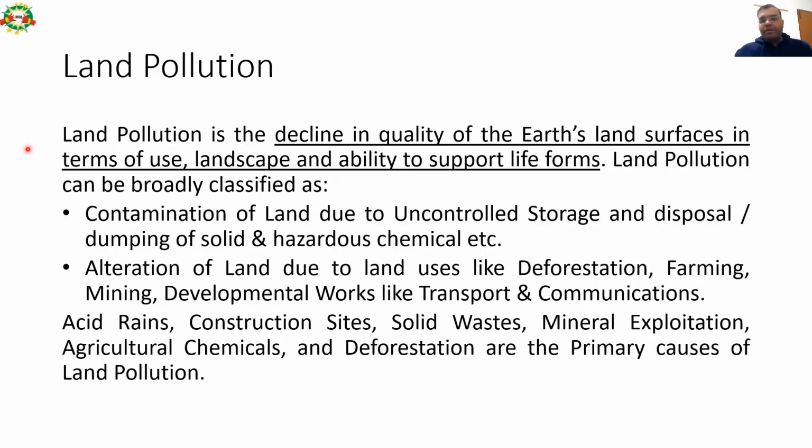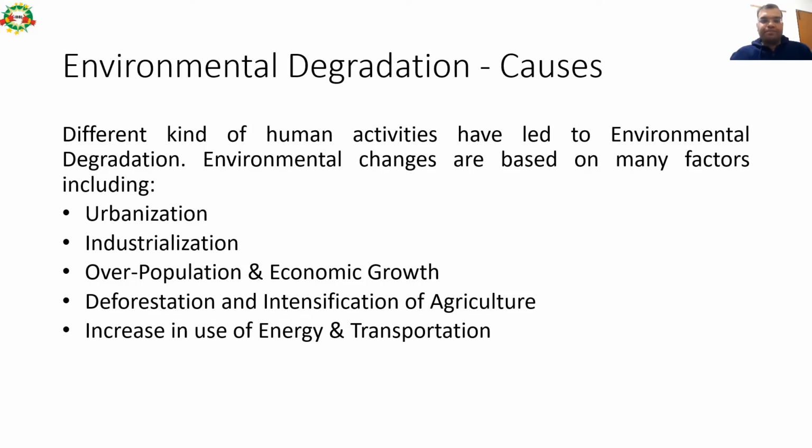Land pollution can be broadly classified as contamination of land due to uncontrolled storage and disposal or dumping of solid and hazardous chemicals, etc., and alteration of land due to land use like deforestation, farming, mining, developmental work like transport and communication. Acid rain, construction sites, solid waste, mineral exploitation, agriculture, chemicals and deforestation are primary causes of land pollution.